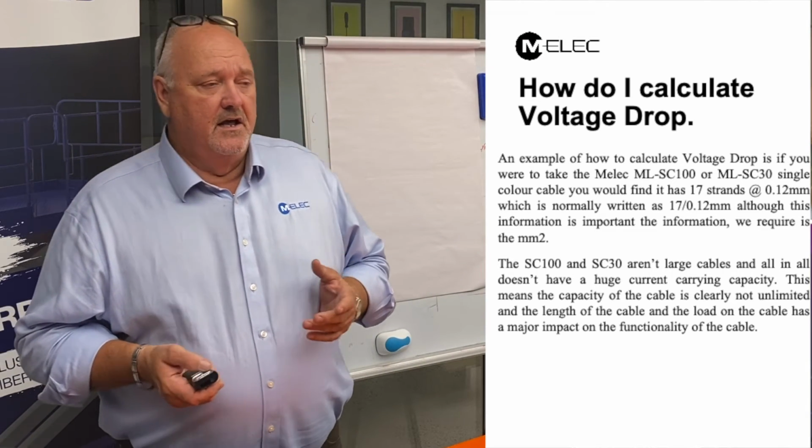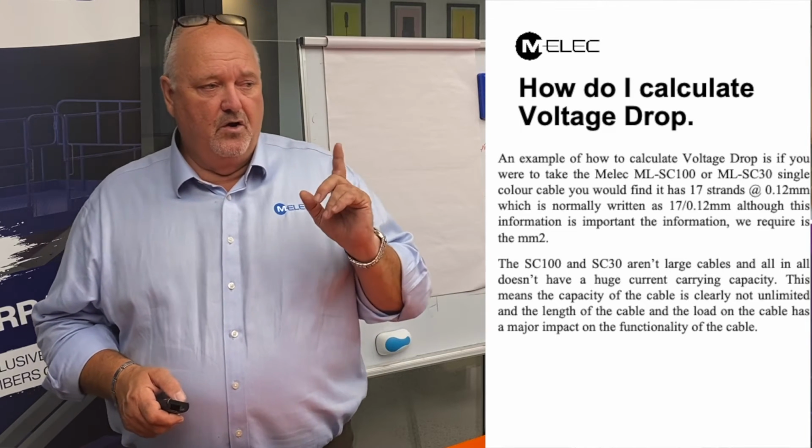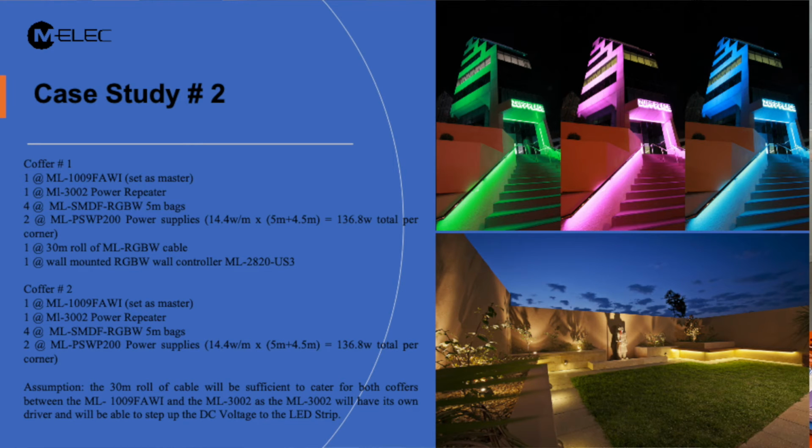All right, because going back to case study number 2, we know that the controller is going to be some distance away because of the way the coffers are designed, and they're quite large, 4.5 meters by 5 and 4.5 meters by 5. They're quite some distance apart, so a minimum length of cable there's going to be about 5 to 6 meters. So we need to take into consideration voltage drop.